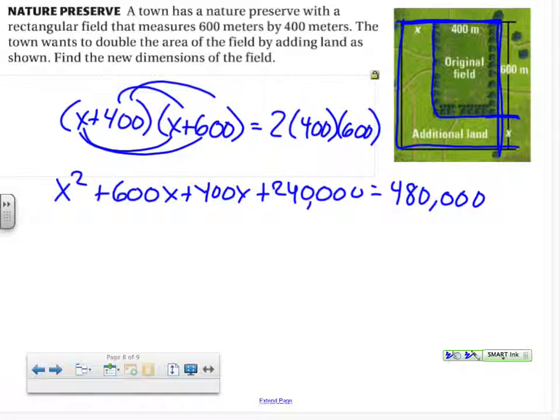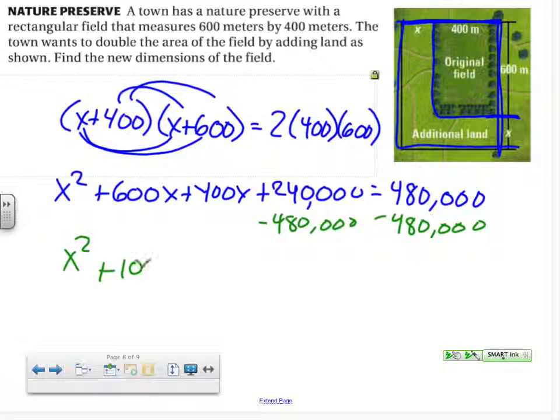So I want to combine like terms and get it equal to 0. So I'll subtract 480,000 from both sides. So what I got is x squared plus 1,000x minus 240,000 equals 0.